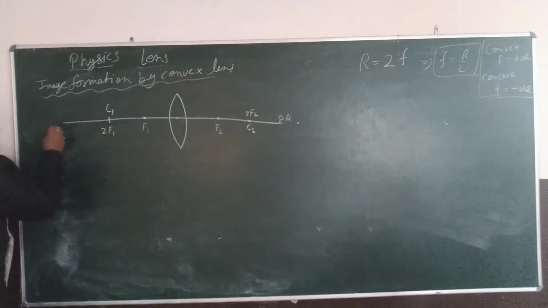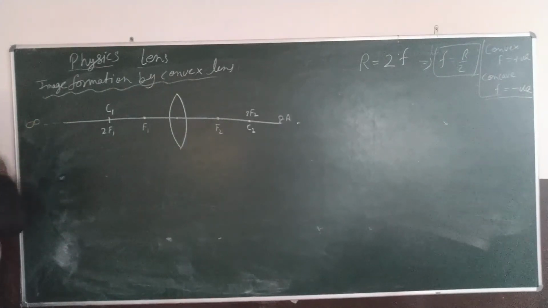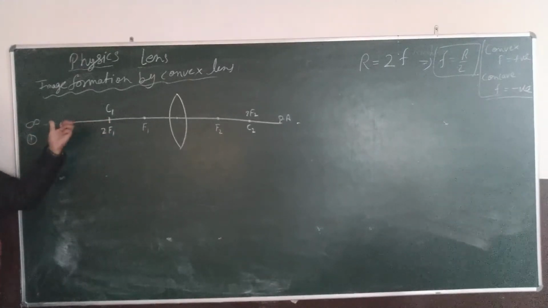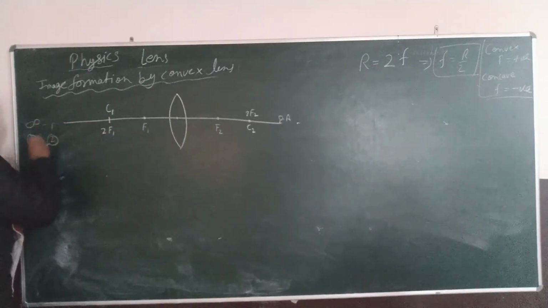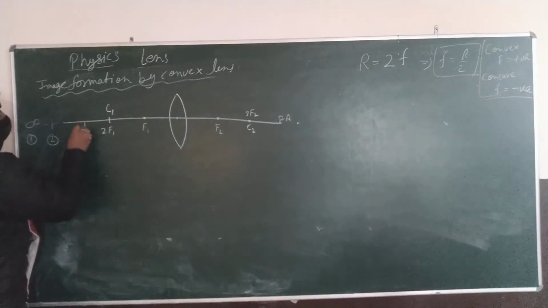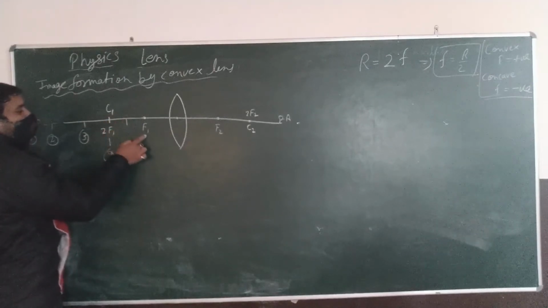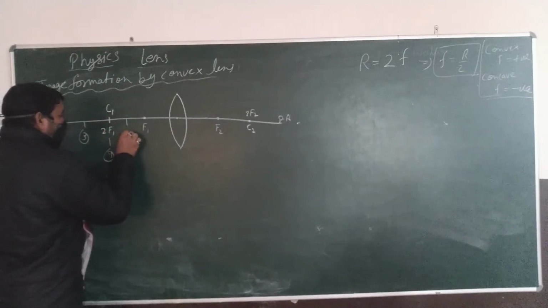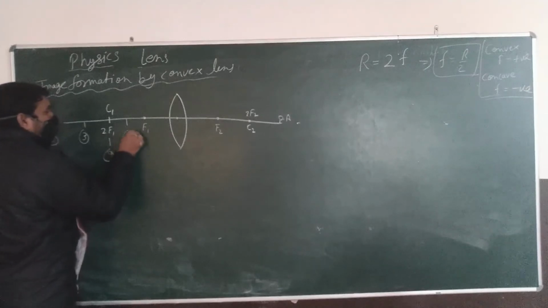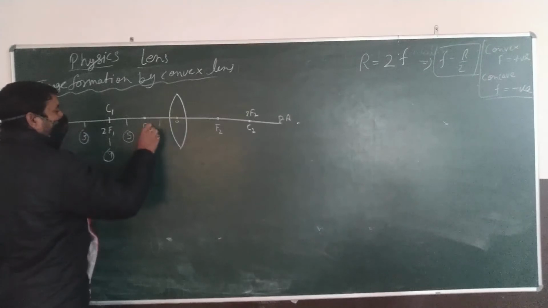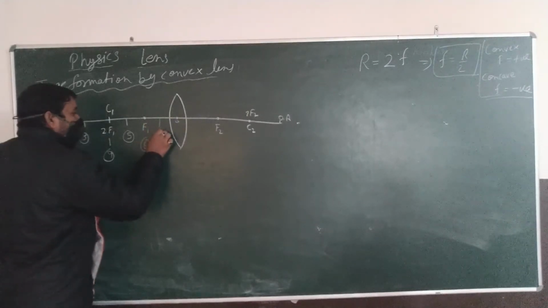Let's say it is a very far point called infinity. This is the first location. The second location is very far from C, or very beyond C. This is location 2, and near to C is location 3, at C is location 4, in between C1 and F1 it is location 5, at F is location 6, and in between the optical center and F1 this is 7.